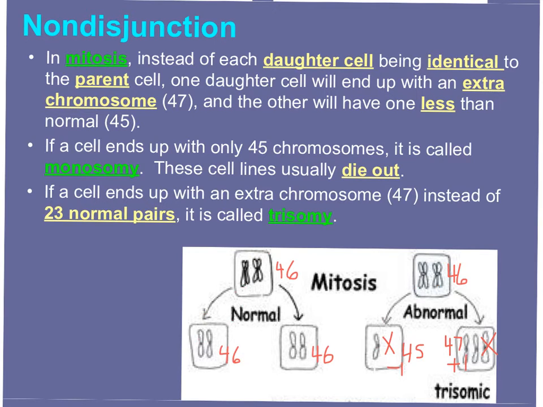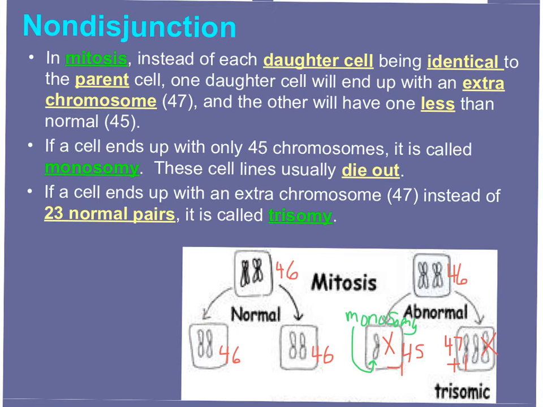Now, this is a problem because our goal is 46. And there's a bit of terminology with this. We call this monosomy, because we have one chromosome, or one set of chromosomes.